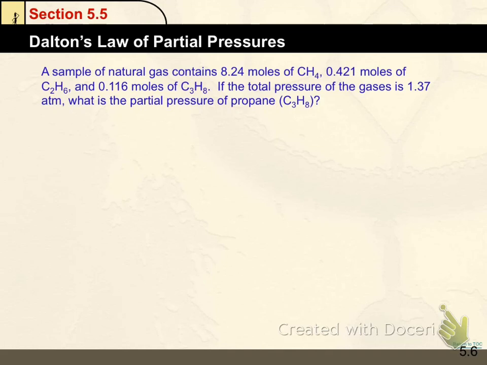So here we go. Let's say we got a mixture of gases, a mixture of hydrocarbons. If you're making something like propane, you'd probably run into this. You got a sample of natural gas, which contains a bulk of methane. Most of natural gas, or the gas that comes out of our spigots to light our Bunsen burners, is methane. You got 8.24 moles of methane. But it's not pure methane. You've also got 0.421 moles of C2H6, which is ethane, and 0.116 moles of C3H8, which is propane.